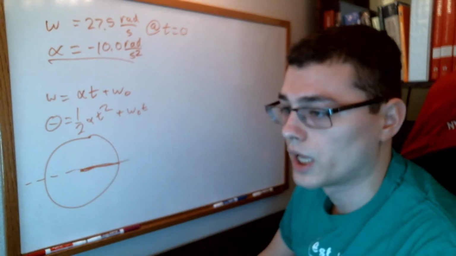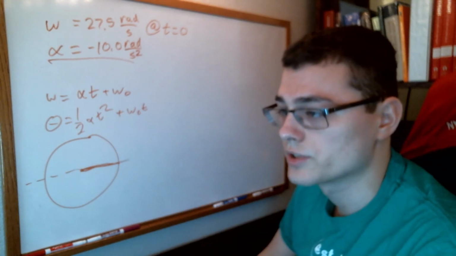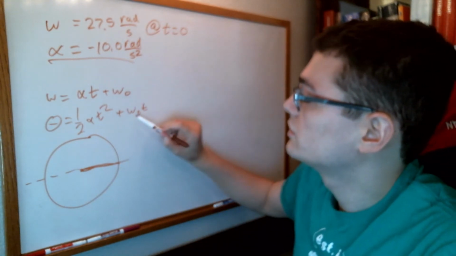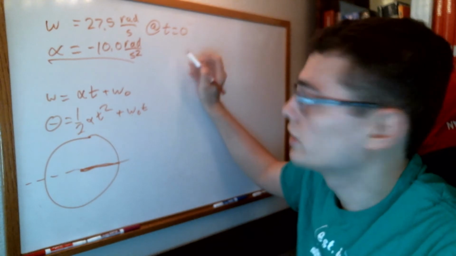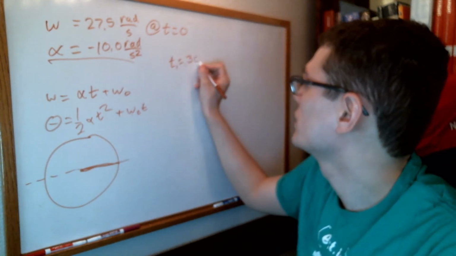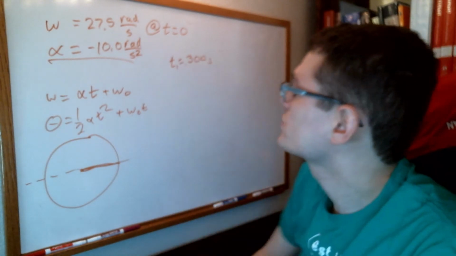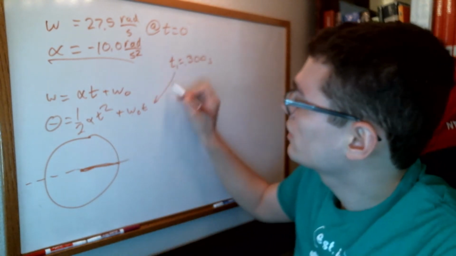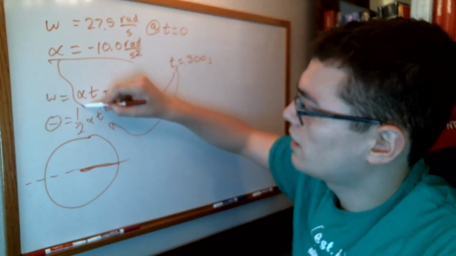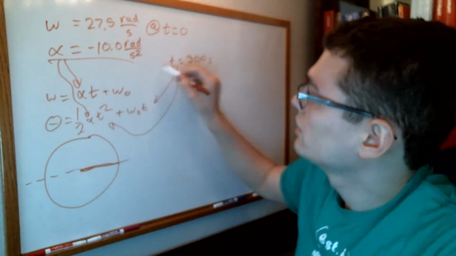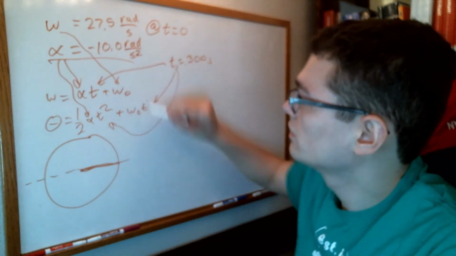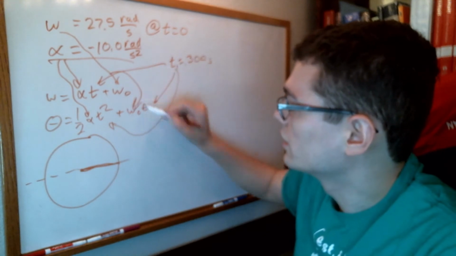And so we can go ahead and plug these numbers in. We're going to plug this in to omega naught, and then we're going to plug in t equal to 0.3 seconds. We'll plug alpha in here and here, t in here, omega naught in here, and omega naught in here.